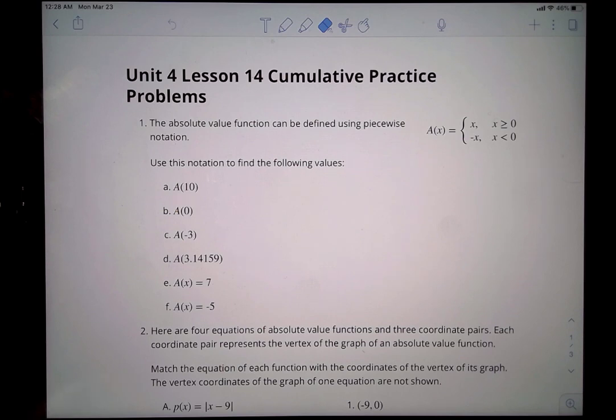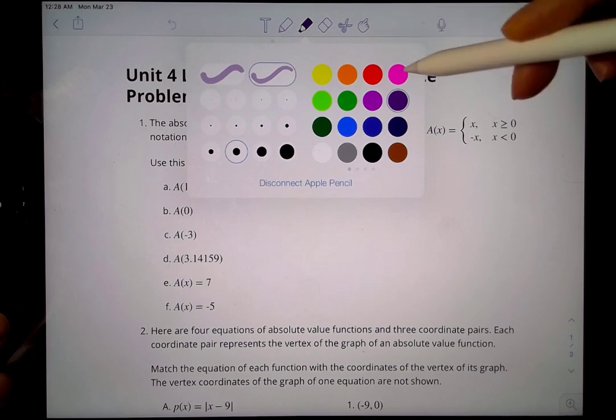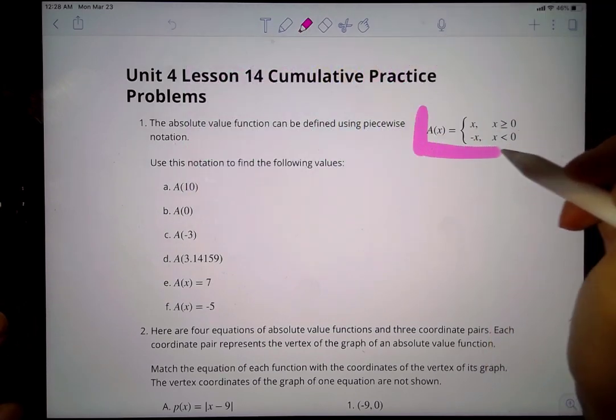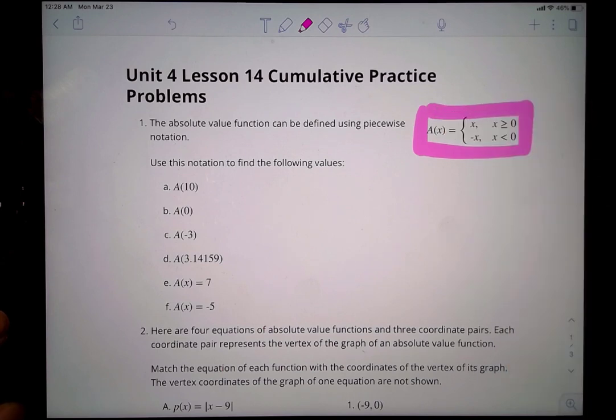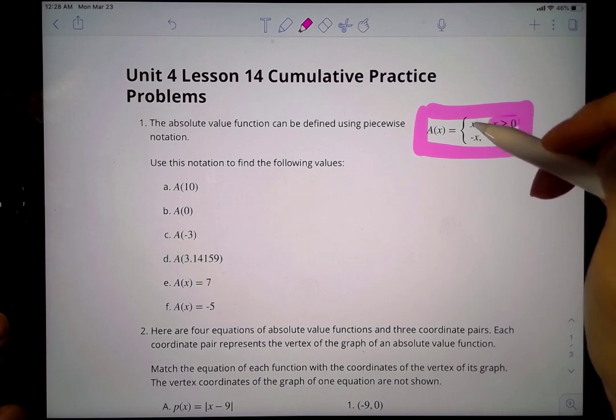Okay, so let's go. Number 1 says the absolute value function can be defined using piecewise notation. Do you remember this? That was our absolute value function definition, right? When we first started, I gave you this one first. When it's positive, you just have this.